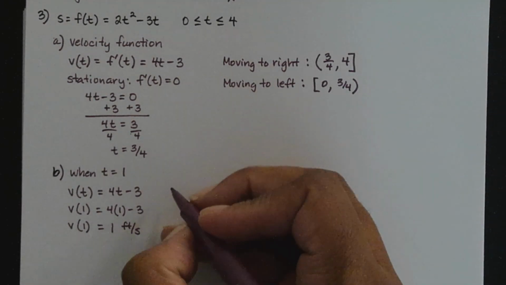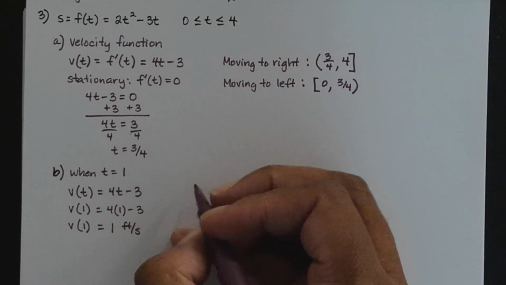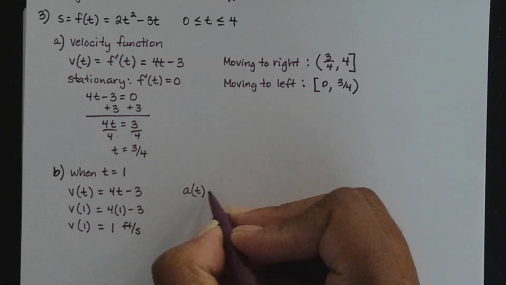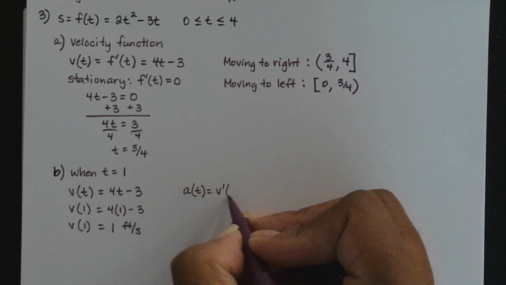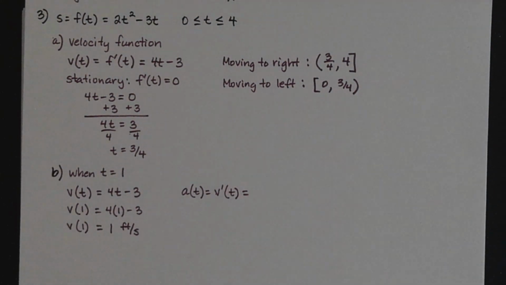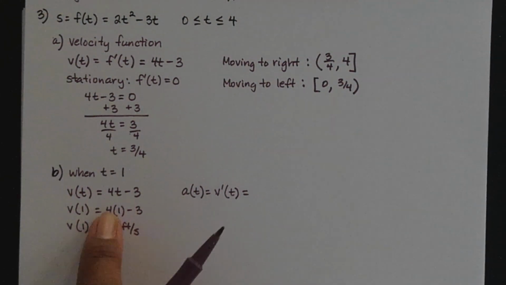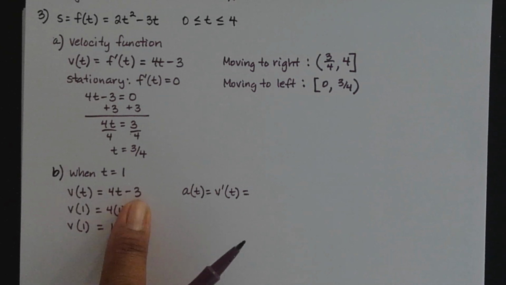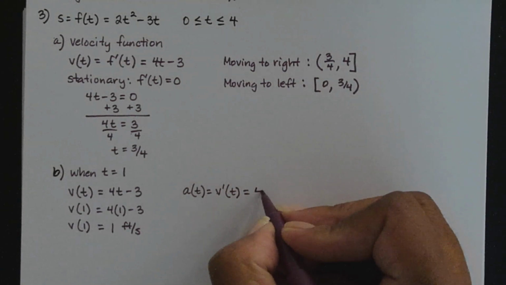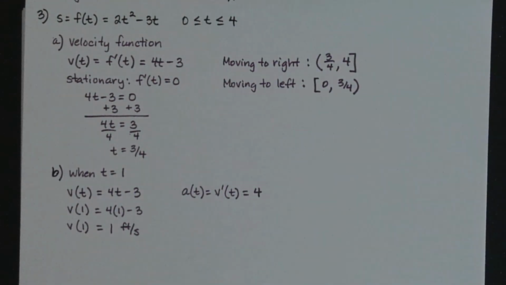And then they want the acceleration of the object. That's going to be a of t, which is the same as taking the derivative of your velocity function, v of t. Here's our velocity function, 4t minus 3. What would be the derivative of that? 4. So our acceleration would be 4.